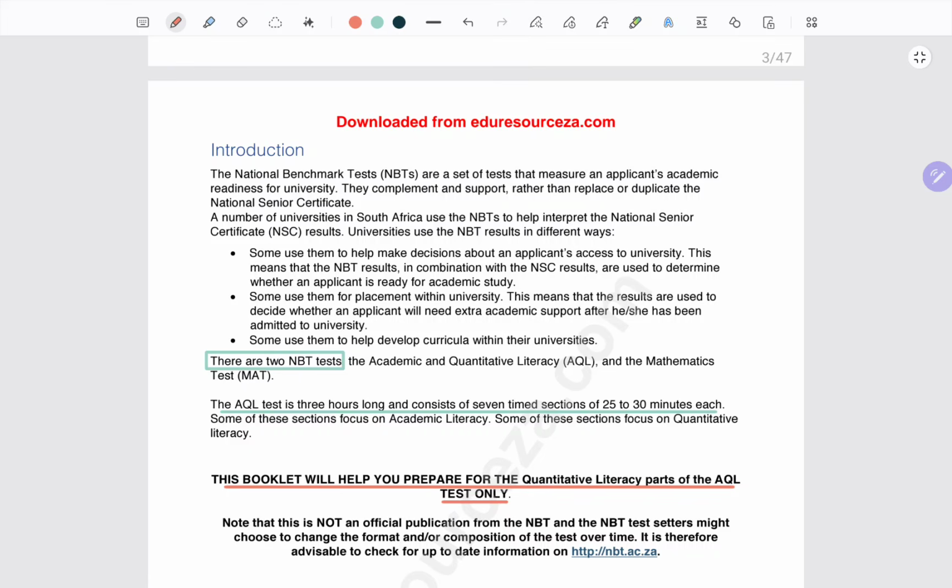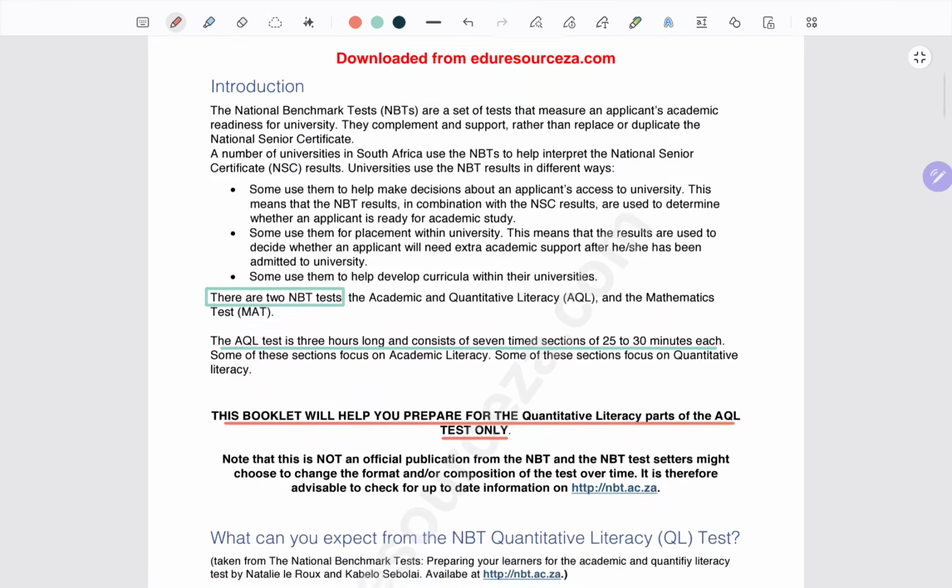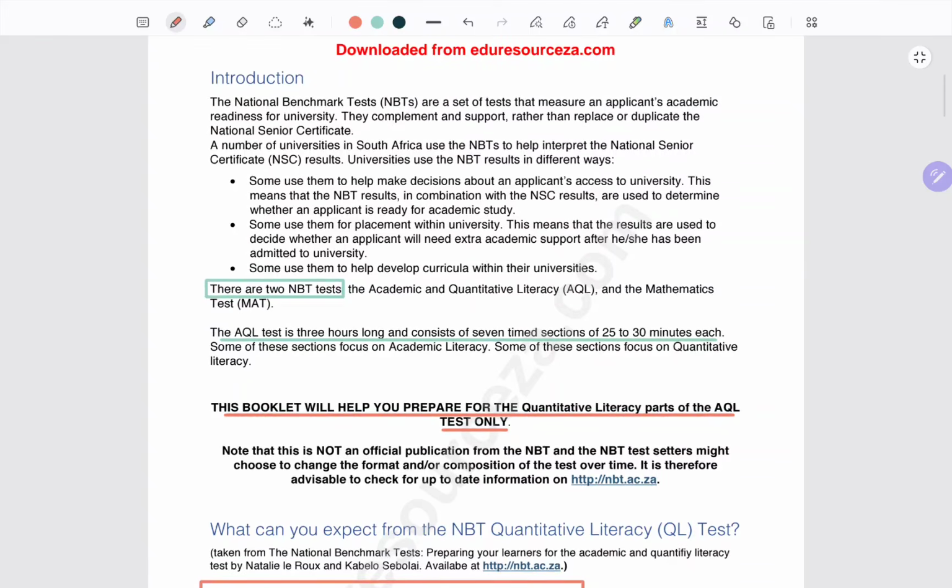Others may essentially develop curricula in the institution by using the quality of these results, because they can see where students lack and where they actually gain, right? Very important. Of course, there are two NBT tests that you're going to write: the AQL and the MAT.